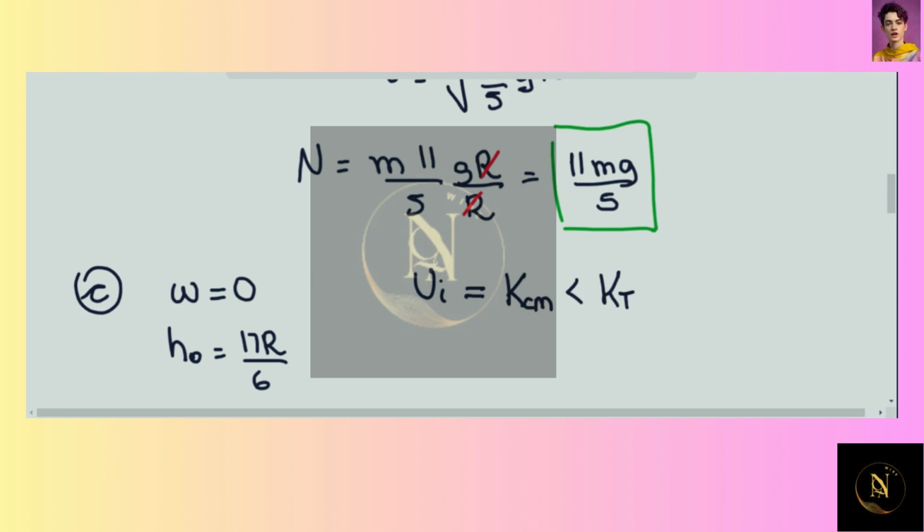So there's enough gravitational potential energy in the beginning to give the system the necessary kinetic energy of the center of mass at point A. So the answer is yes, that would be enough.